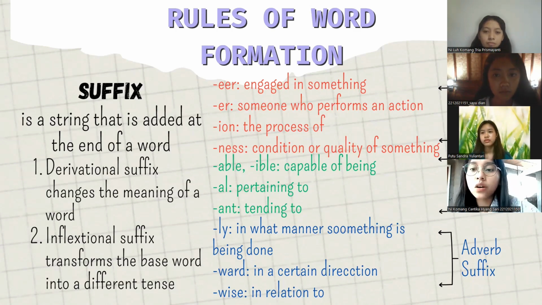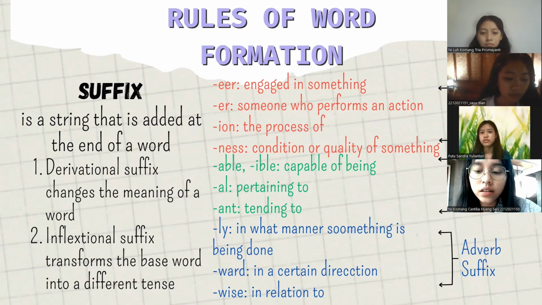The example of adjective suffix, like predictable, from the root word predict and added by the adjective suffix able, so became predictable. For example, adverb suffix, like honestly, from the root word honest, and added by the adverb suffix ly, became honestly.